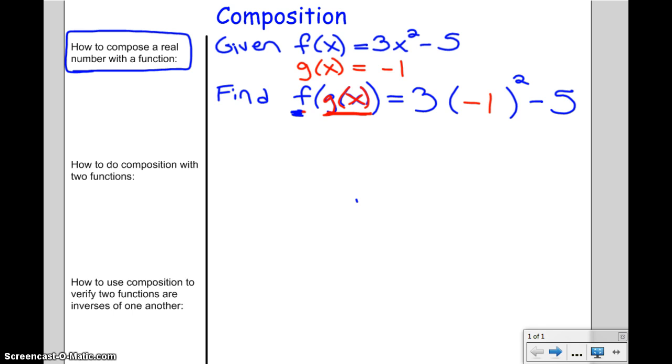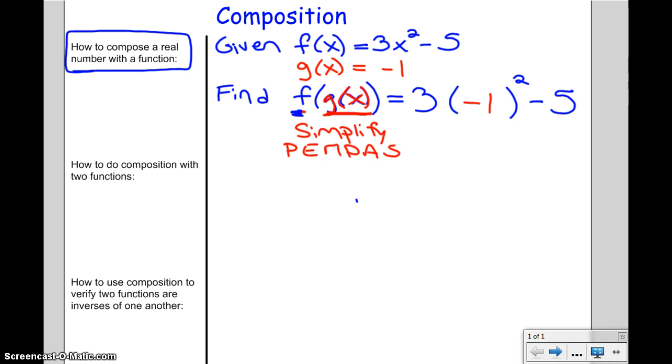We are simplifying. Anytime you simplify, you are following the order of operations. So we are going to simplify using PEMDAS. Okay? Simplify with PEMDAS. So PEMDAS starts with parentheses and then exponent. Well, I have parentheses and I have an exponent. So I'm only looking at what is inside the parentheses and I'm only looking at where the exponent is.